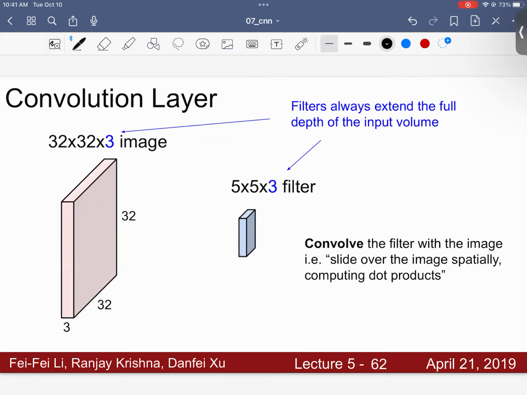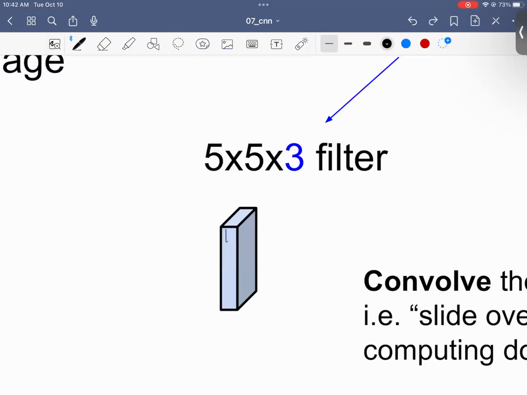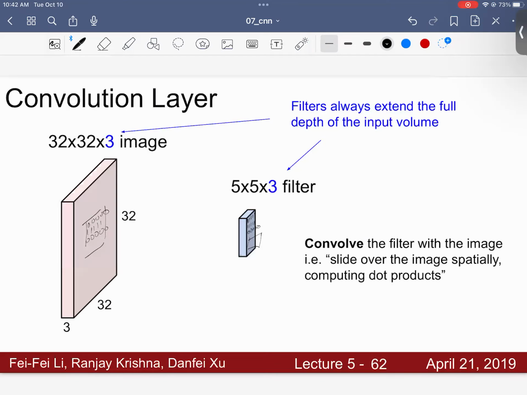For example, if there was a patch right here which is 0, 0, 0, 0, 0, 1, 1, 1, 1, 1, and 0, 0, 0, 0, 0, and your filter has values of 1, 1, 1, 1, 1, 1, and 0, 0, 0, 0, 0. There should be 2 more rows here, but I'm just going to skip that.